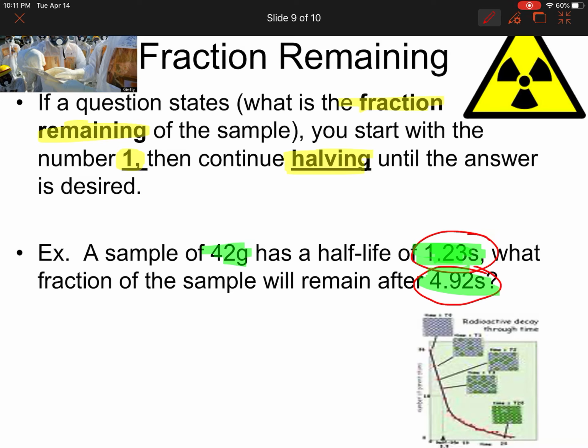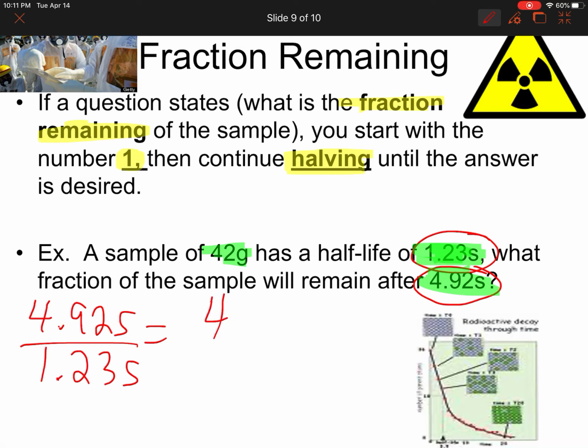When we say 2 units of time, guys, we're going to simply divide. A larger number goes on top over the small number. That'll give us the number of half-lives. In this case, there are 4 half-lives. So how many lines we draw? Well, we're going to draw 4 lines. 1, 2, 3, 4. What's the mass they started us at, guys? 42 grams. So 42.